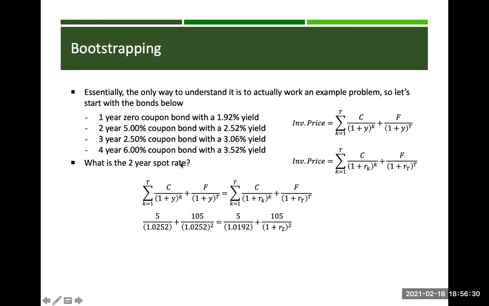On the left-hand side, it's using the bond yield, the 2 year 5% coupon, 2.52%. 5% coupon, so 5 in 1 year cash flow. The second year cash flow is 105. Both are discounted using the 2.52% bond yield. On the right-hand side of the equation, we have those same cash flows, but this time they're discounted by the spot rates. And we only have the 1 year spot rate. We do not have the 2 year spot rate.